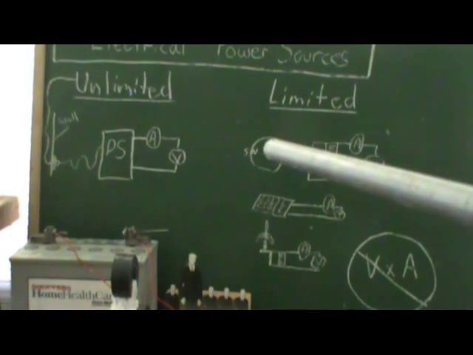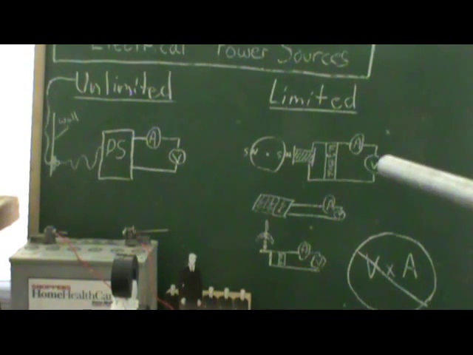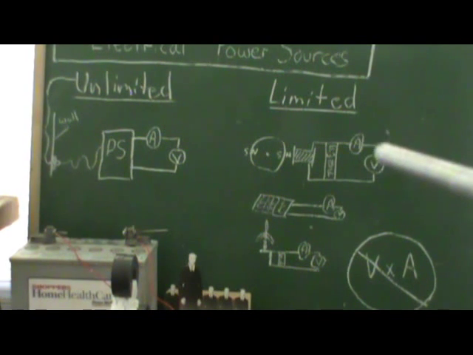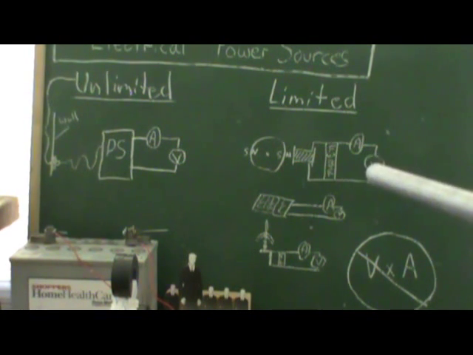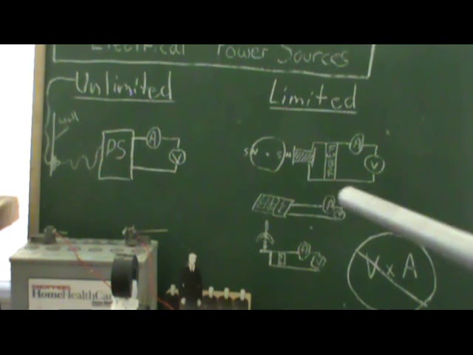But, big but, we know that the current went up, right? As we get closer to a short, there's more current flowing in that wire. Less potential and more current in the wire.